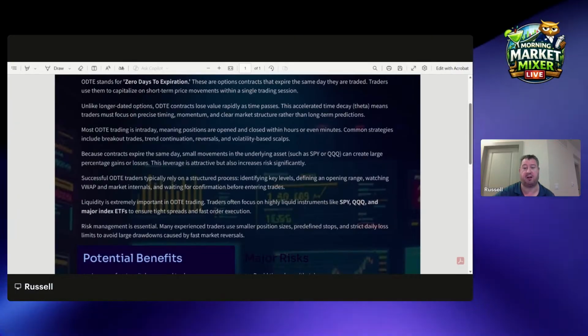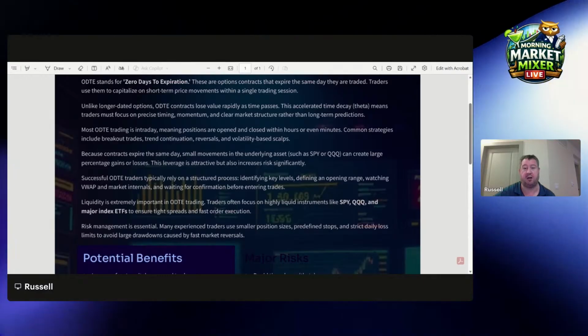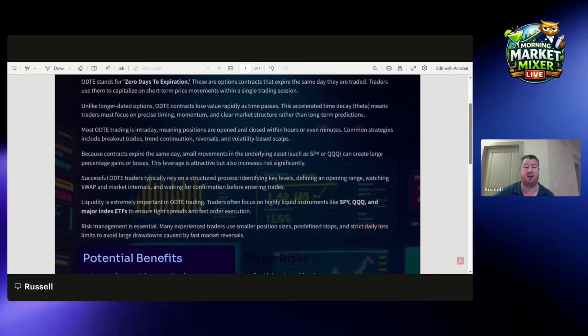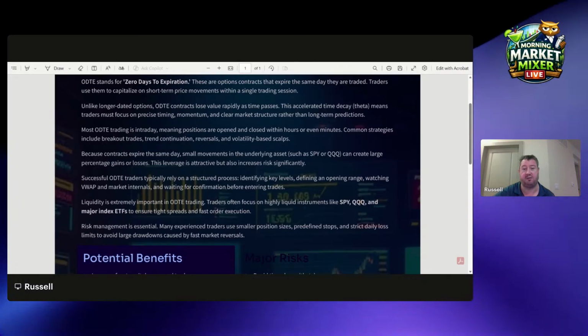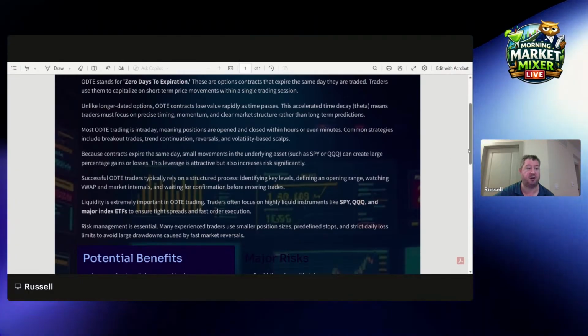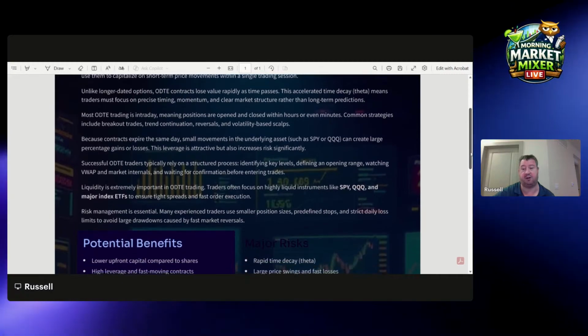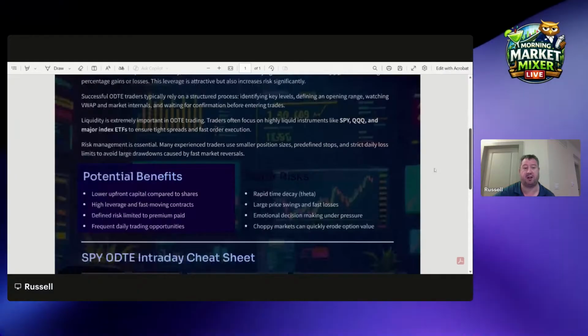We use breakout trades, trend continuation, reversal, volatility scalps. Because the contracts expire the same day, really small movements in SPY can create large percentage gains or losses. This can be attractive to some people, but it also increases the risk significantly when you're trading this style of trade. So basically, we want to look for things like the opening range.